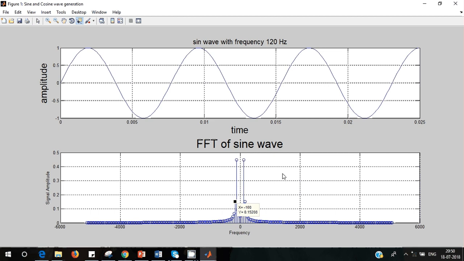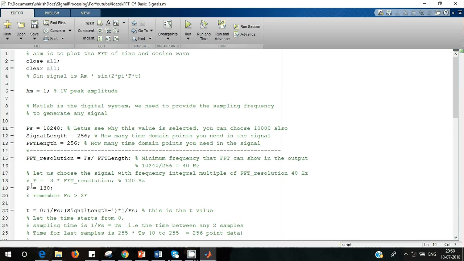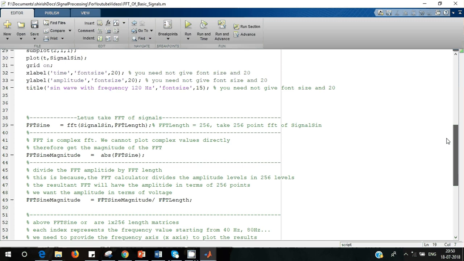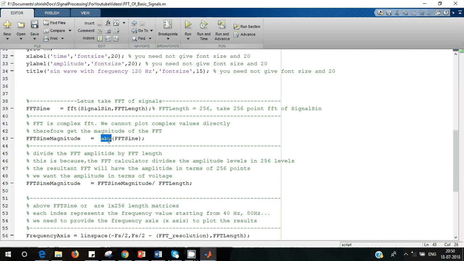So for demonstration purposes, you can keep the frequency of the signal as an integral multiple of this frequency resolution. This is simply the FFT of the sine wave. Here we have taken the absolute value of the FFT.